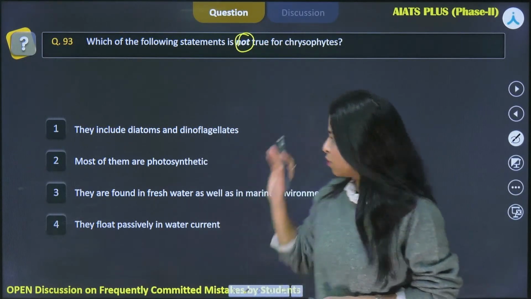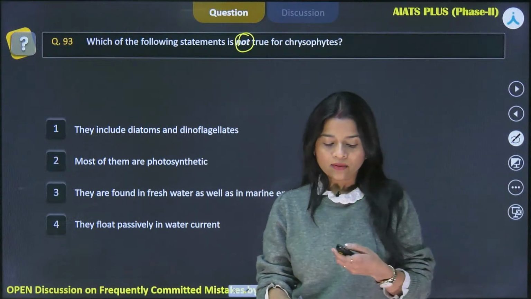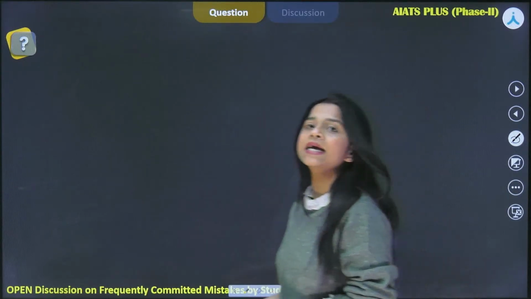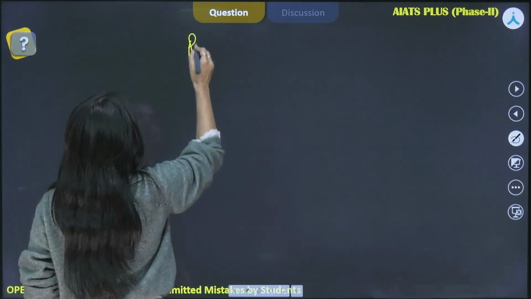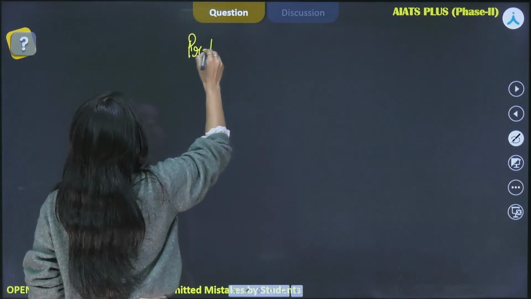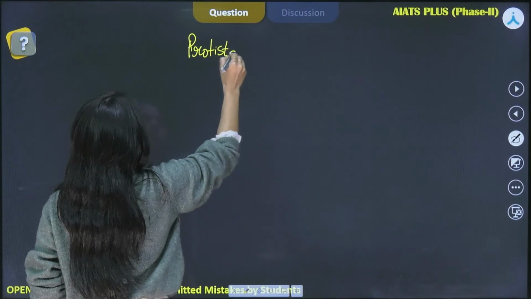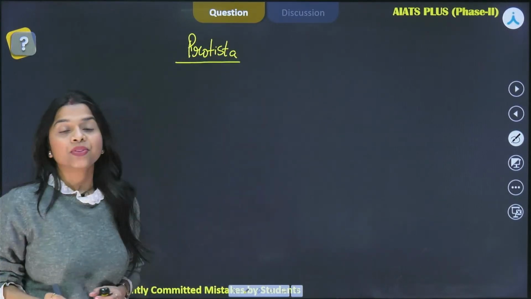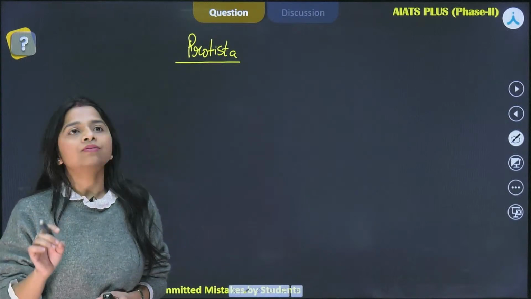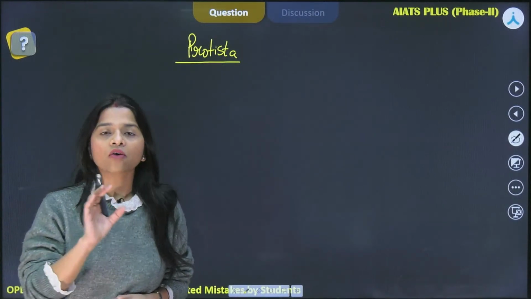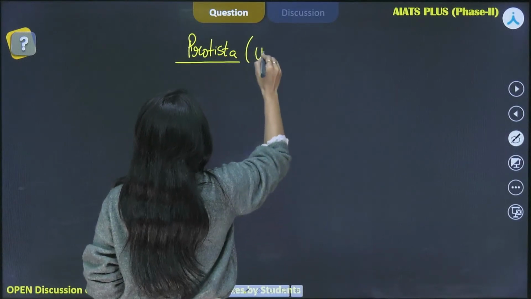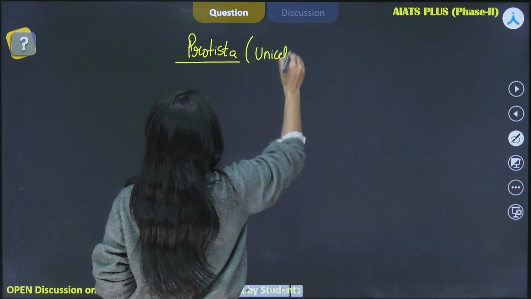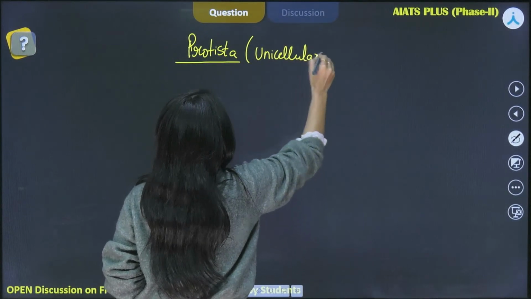So before coming to the options, I want to discuss this group chrysophytes with you. Chrysophytes fall under the kingdom Protista. The most acute characteristic feature of this kingdom is that the organisms are unicellular eukaryotes.